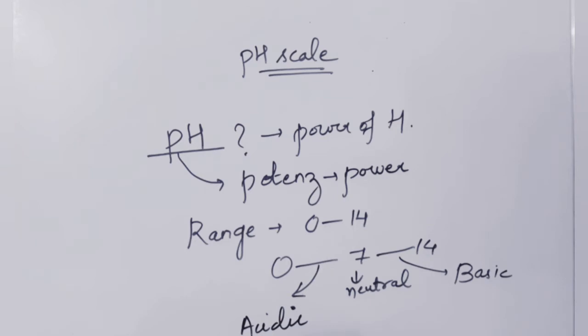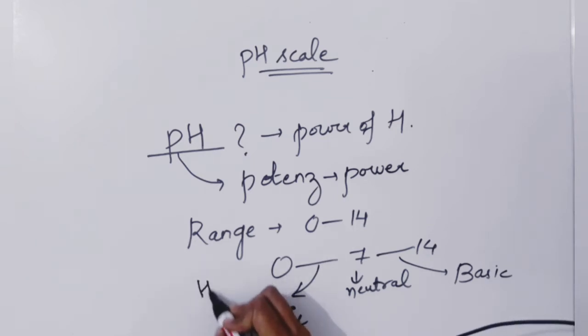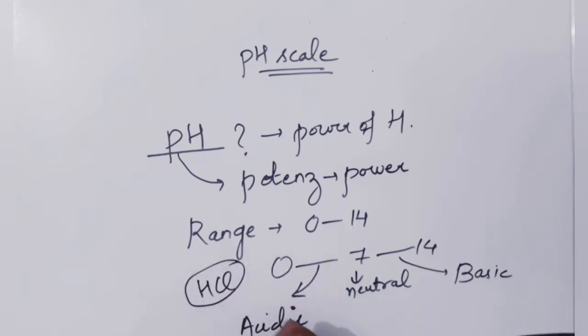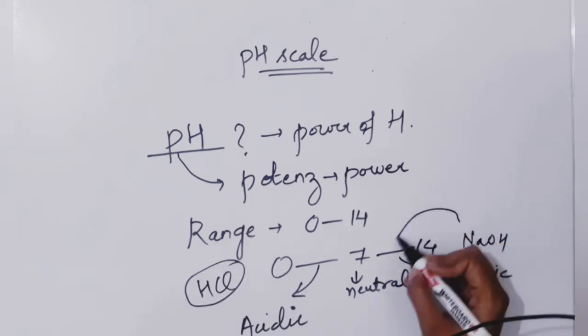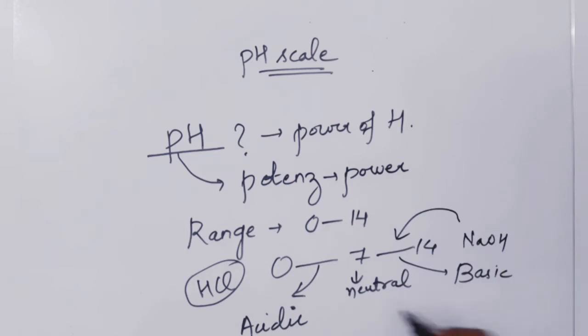So if we talk about strong acids like HCl, this will lie in the range 0 to 7, and a strong base like NaOH will lie in the pH range 7 to 14, and neutral molecules like water will have a pH of 7.